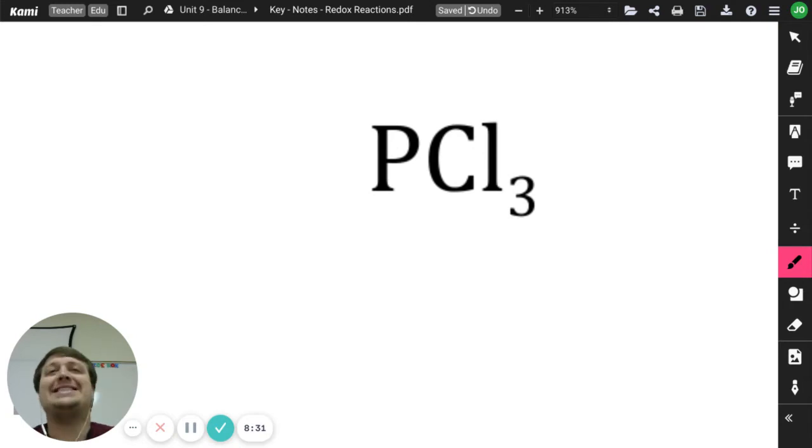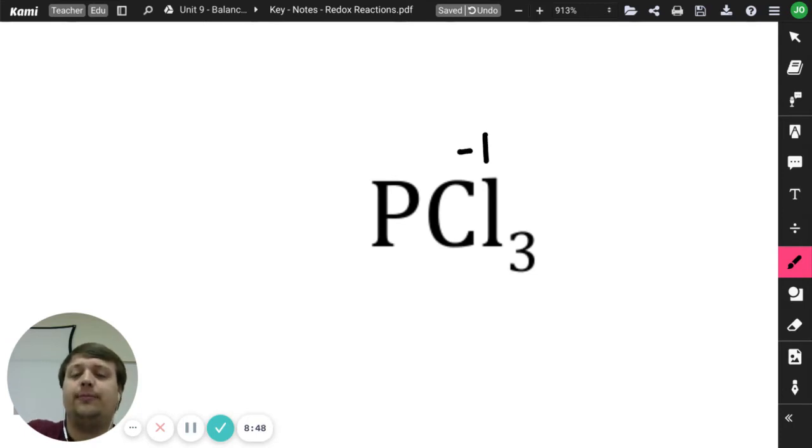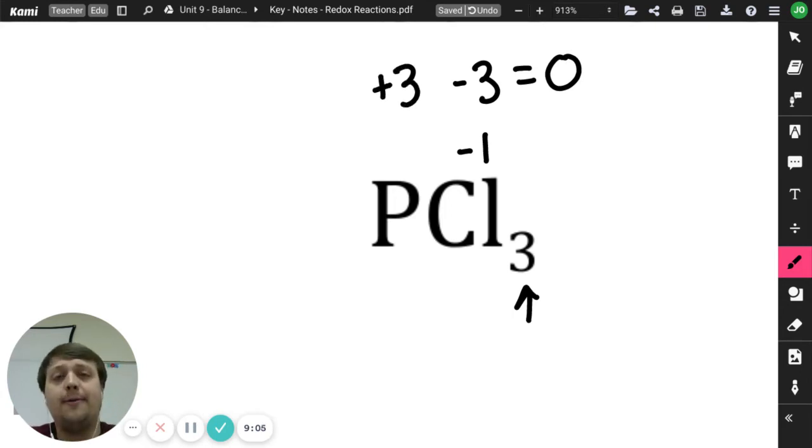So here I've got PCl3. Looking at this, how do I figure out what the oxidation numbers are? Because I don't have any rules. Well, which is closest to the top right corner of the periodic table? Chlorine is, right? So we're going to use the charge for chlorine, which is -1. Now, I do have 3 chlorine present, so 3 times -1 gives me a total of -3, and I want this to equal 0, so I'm going to need +3 to cancel that out.